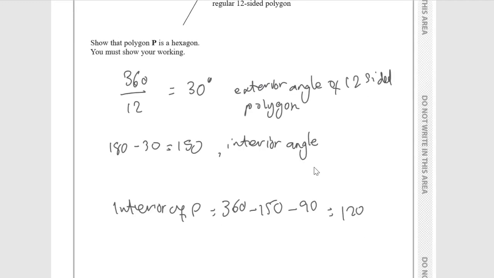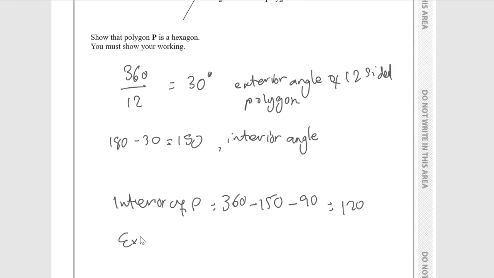So then the exterior angle of P is going to be 180 minus 120, which we got from here, which equals 60.